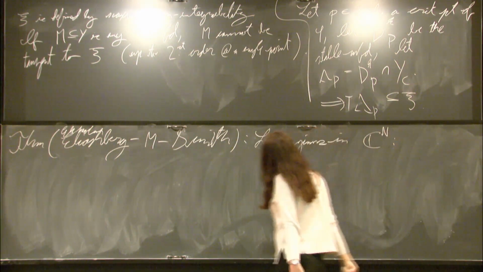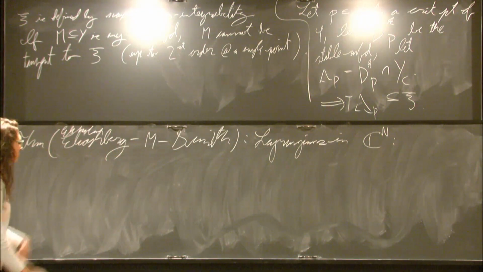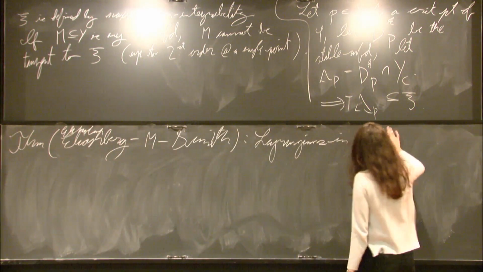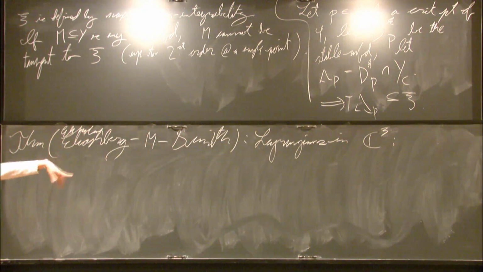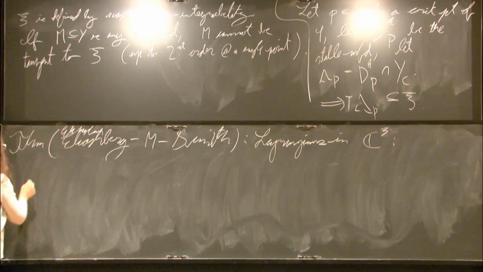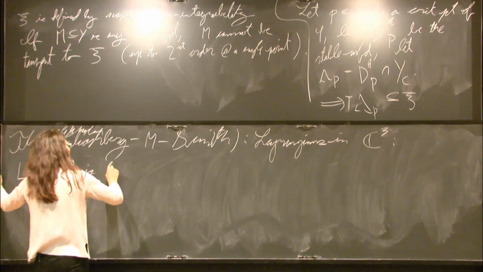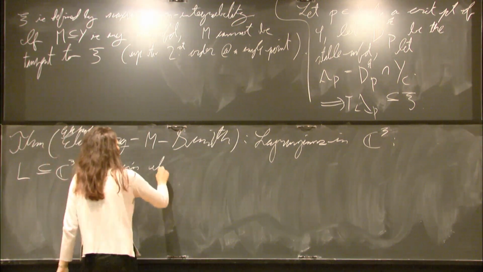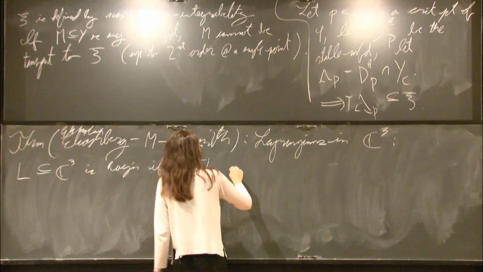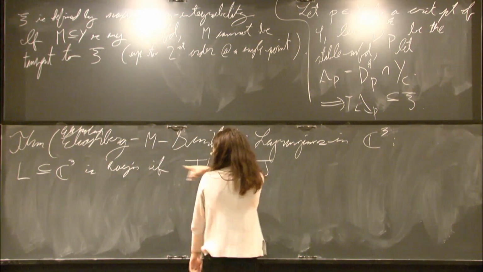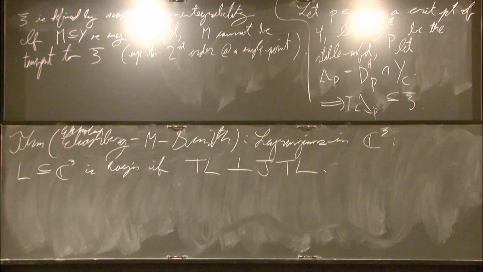This is about Lagrangians in C^n. Let me just say C^3, for a nice example. So first of all, what's a Lagrangian? A Lagrangian in C^3 is a three-manifold L such that TL is the orthocomplement of J times TL.